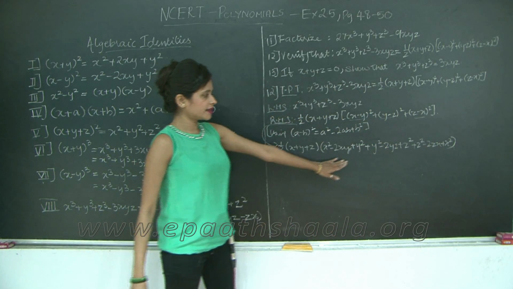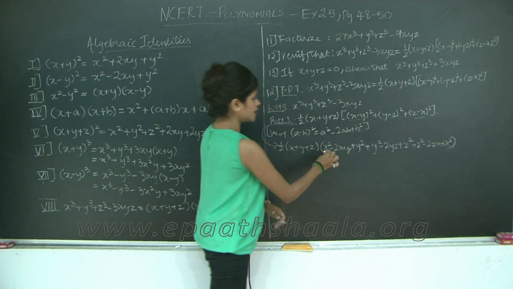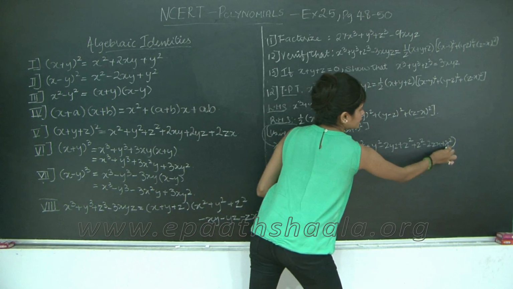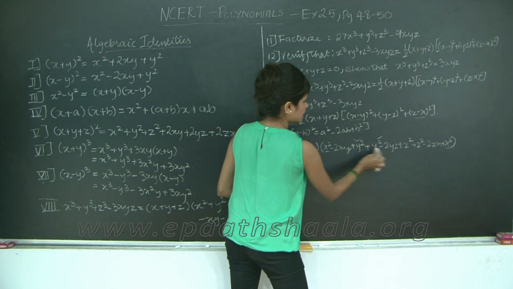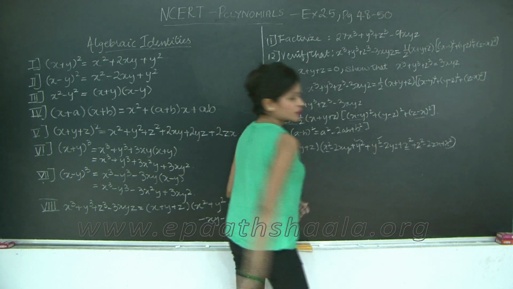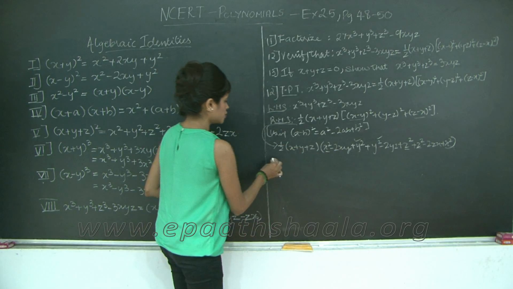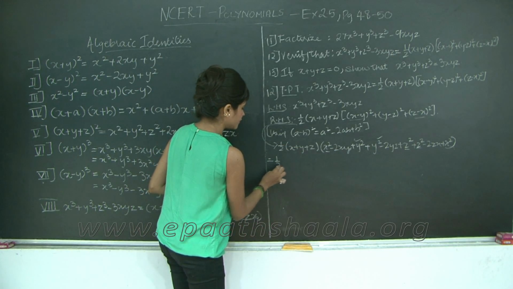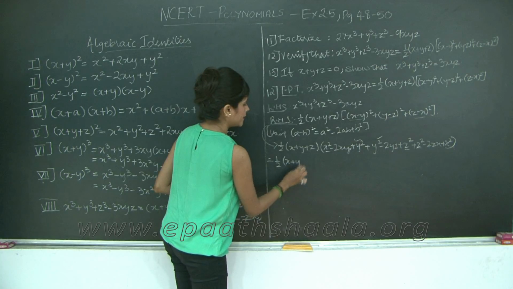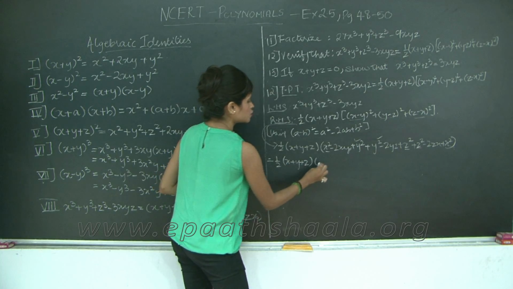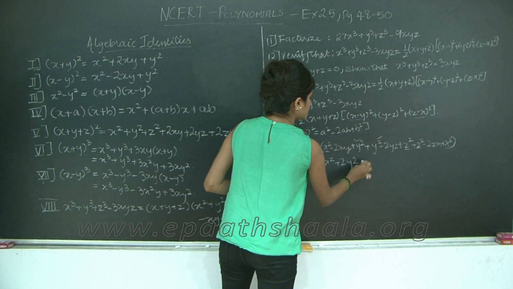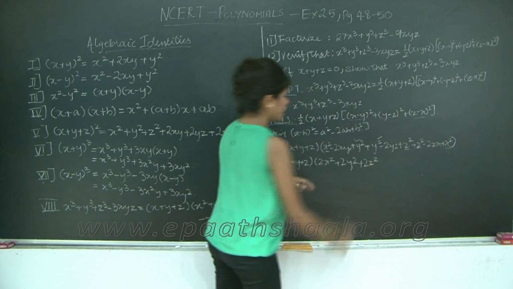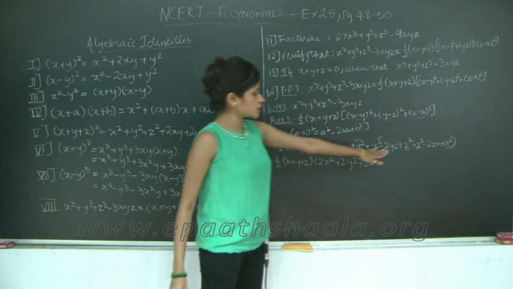Okay, now let's take a look at the second bracket. These terms, there are 2x squares, then 2y squares and 2z squares, right, and with the same sign. So this becomes half into x plus y plus z into 2x square plus 2y square plus 2z square, and there are no other terms that are repeated.